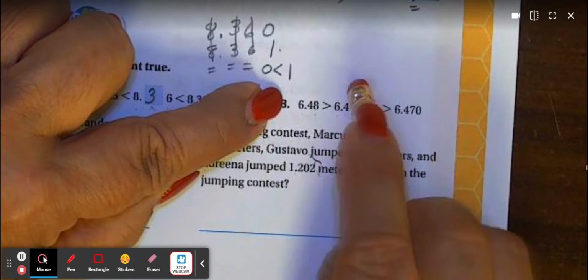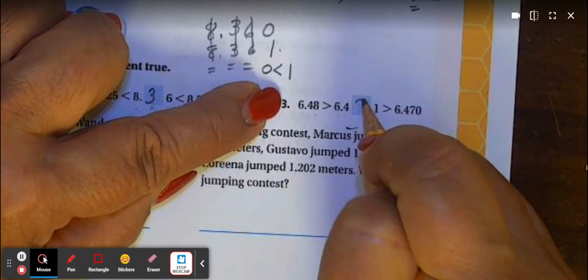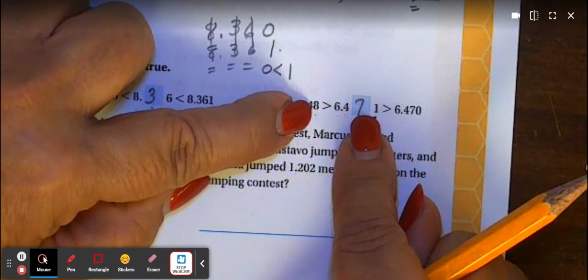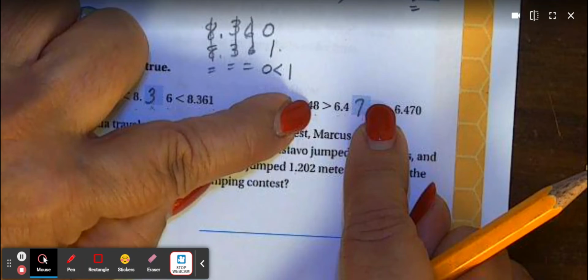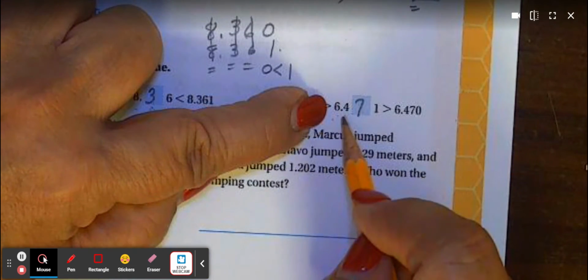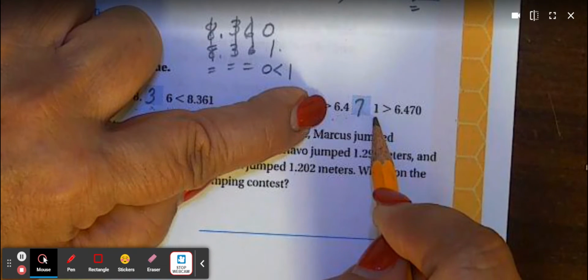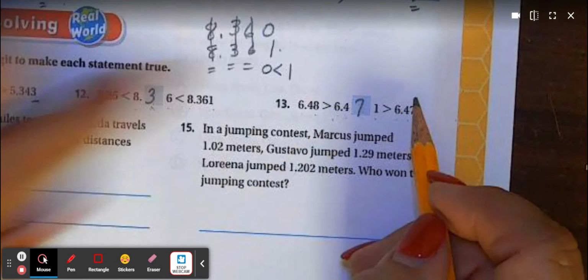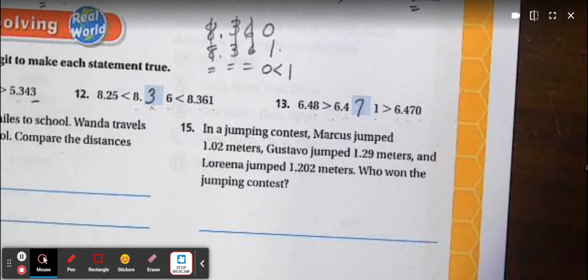So I'm going to change this to a 7. Now, is 8 greater than 7? That makes it true. Now let's move over here. Is 6 and 471 greater than 6 and 470? Yes, it is. So that makes it a true statement as well.